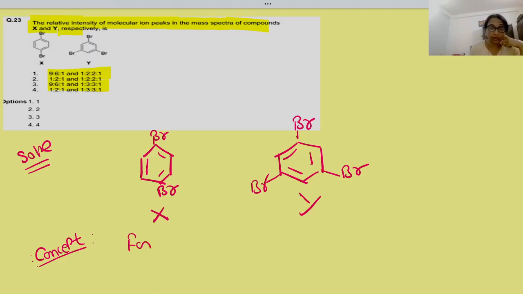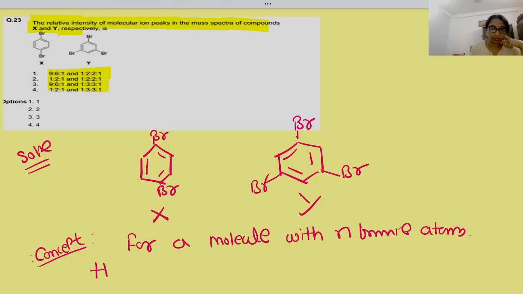The concept is that for a molecule with n bromine atoms, first we calculate the number of bromine atoms, and then we solve using the isotope pattern.